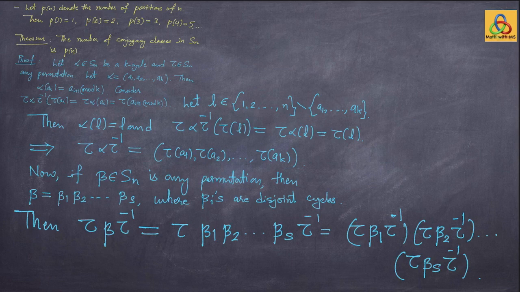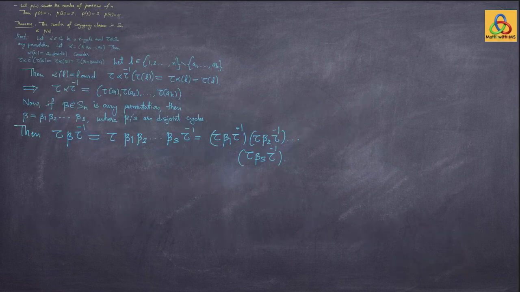So the conclusion is that if we take any permutation and write it as a product of disjoint cycles of certain lengths, then any conjugate of that will again be a product of disjoint cycles, and the lengths of the cycles will also be the same.